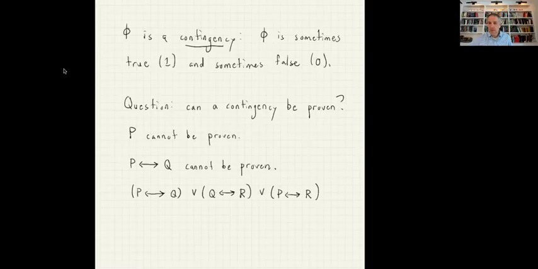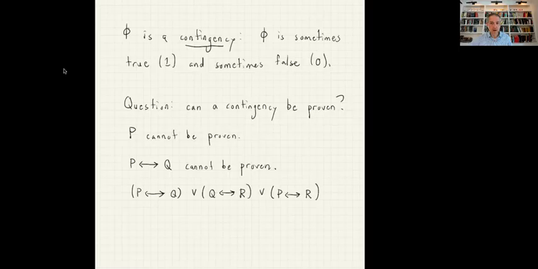However, consider the following argument. Okay, suppose that the first disjunct is not true. Okay, so in other words, P and Q have different values. There's only 2 values, 1 and 0. So if the first thing is false, P and Q have different values. Suppose now the second disjunct is also false.